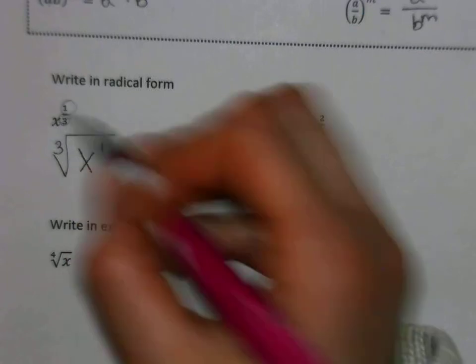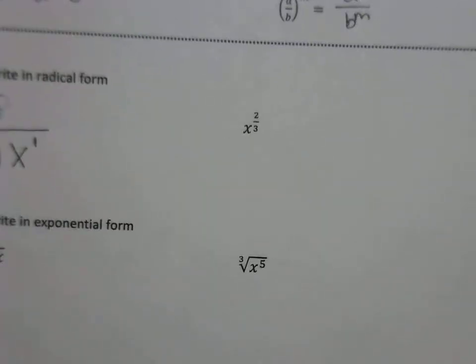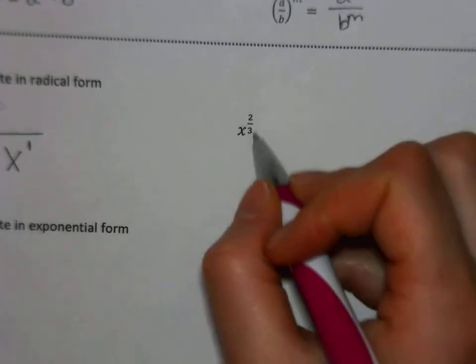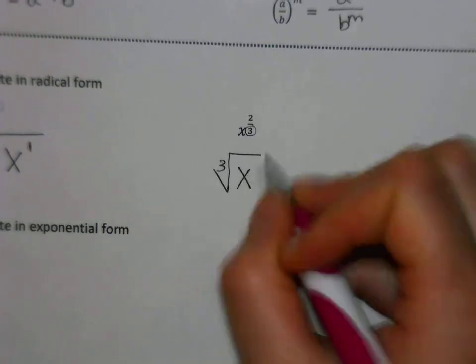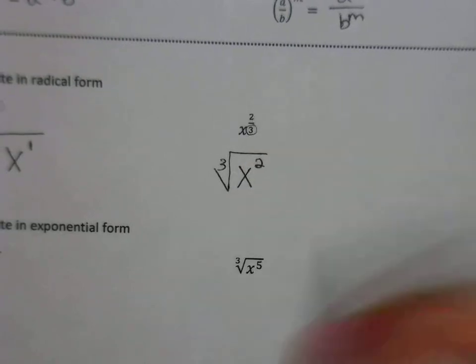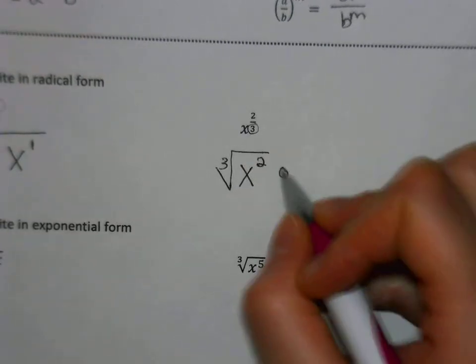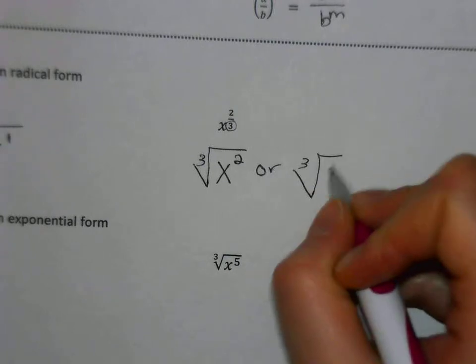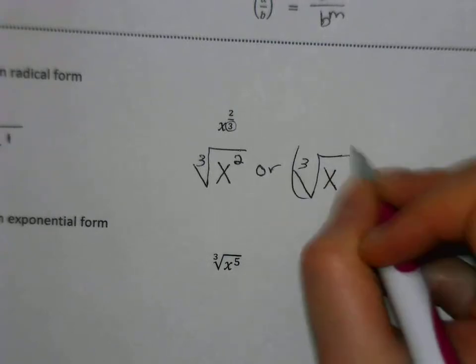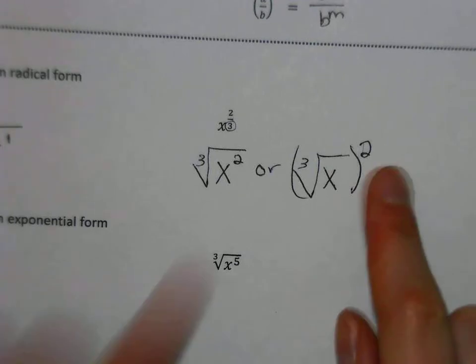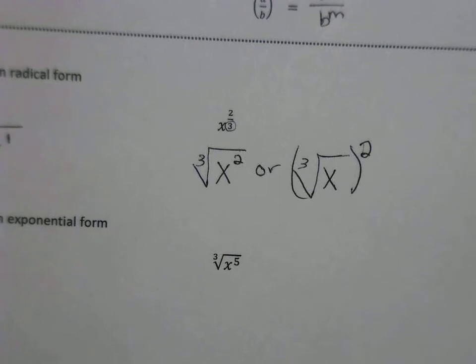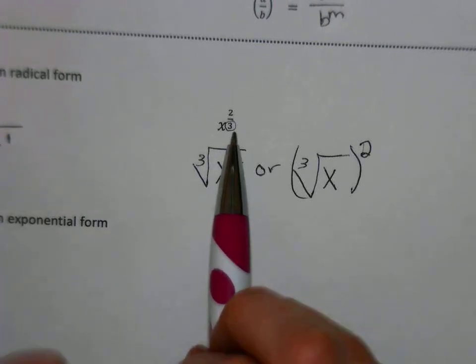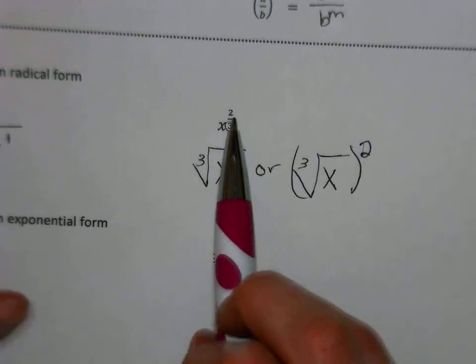Another example would be, here's our root, the third root of x, 2, so it's x squared. Another way to write this would be the third root of x, but put the square power on the outside. These are both acceptable ways to write it, so either way you prefer, it doesn't matter. So, the denominator is what your root is, and the numerator is what your power is on the inside.